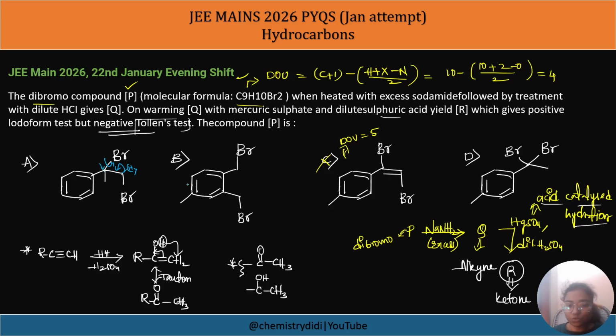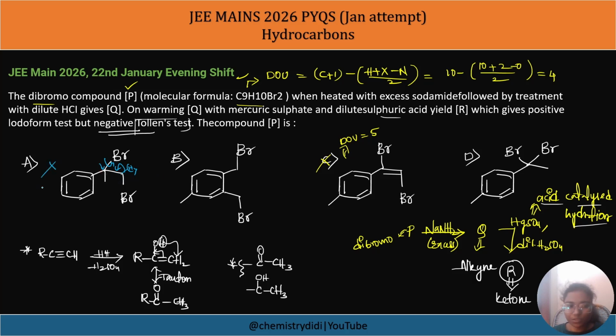For the next, if you take one more mole of NaNH2, what happens means there is no hydrogen over here in order to abstract. So that's why we won't get an alkyne over here. It will stop here itself, alkene.